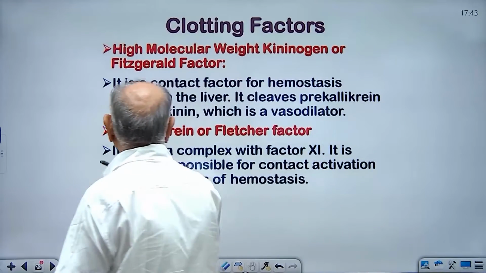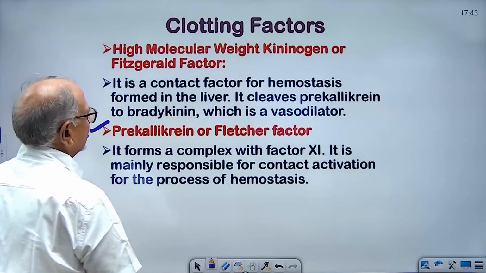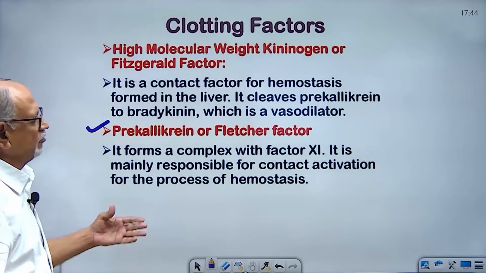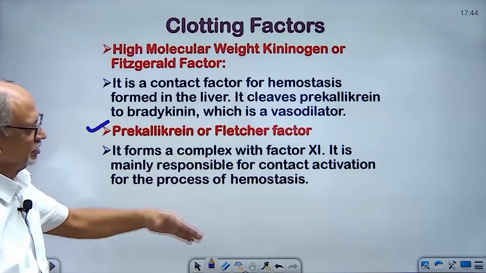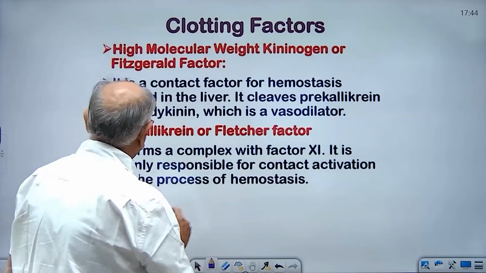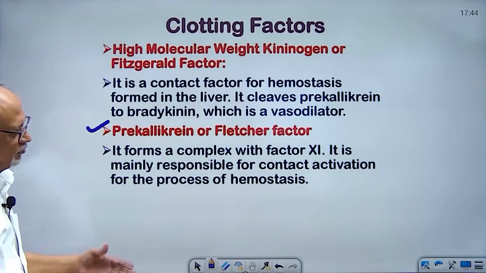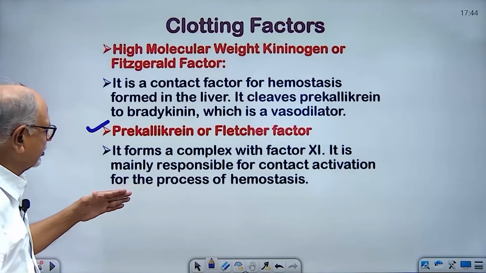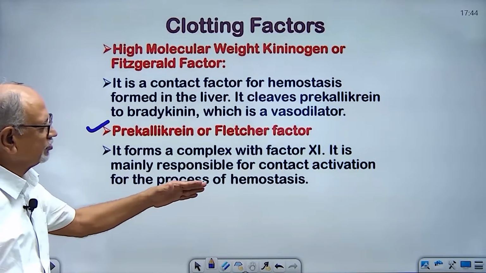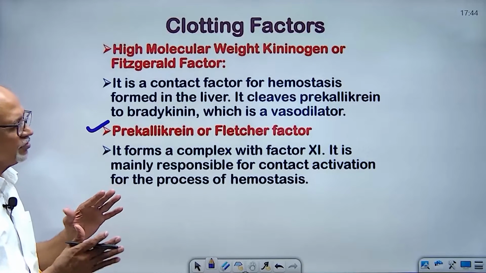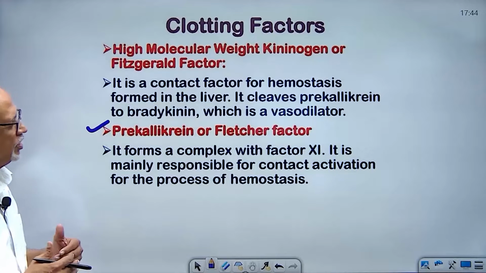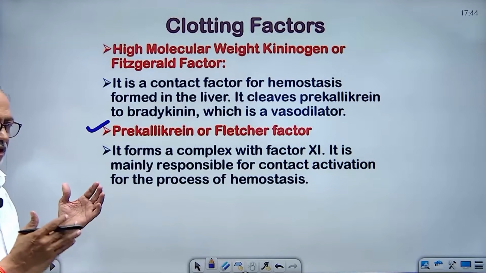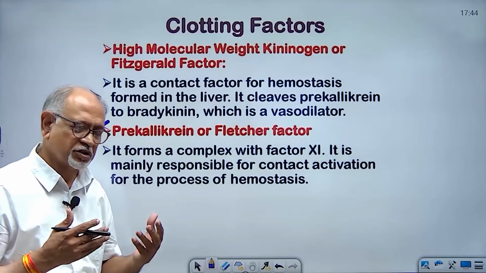Another is prekallikrein or Fletcher factor. It forms a complex with factor 11. It is mainly responsible for contact activation of the process of hemostasis. So, these are supporting factors. Otherwise, the primary factors are factor 1 to factor 13.